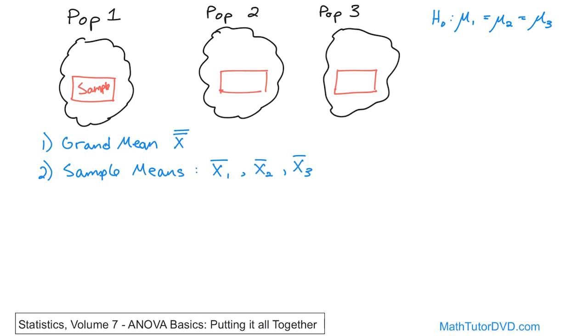The next thing we do after that is we find something called the sum of squares among treatments. We call that SST, the sum of squares among treatments.